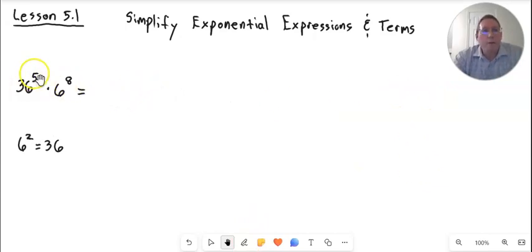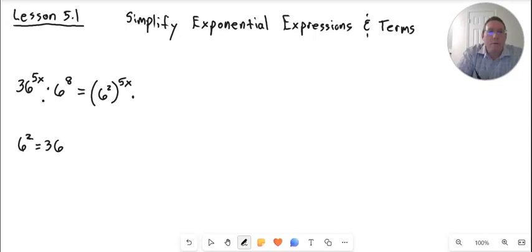We've got 36 to the 5x times 6 to the 8th power. I want to remind you that 36 is the same thing as 6 squared. Okay, so we're going to replace the 36 with 6 squared. This 6 is going to stay the same. It's not going to change because it's already a base of 6. So we're going to have here 6 squared to the power of 5x, okay, times 6 to the 8th power.